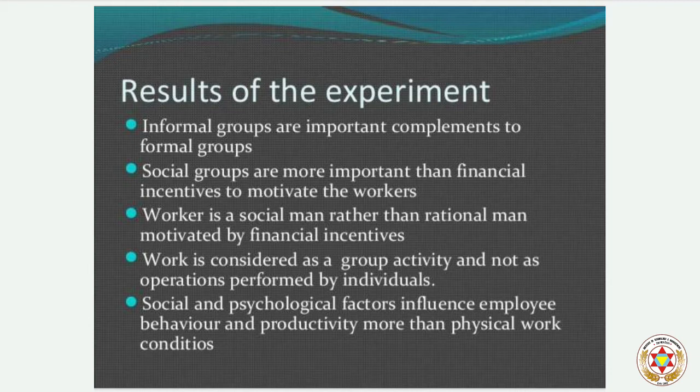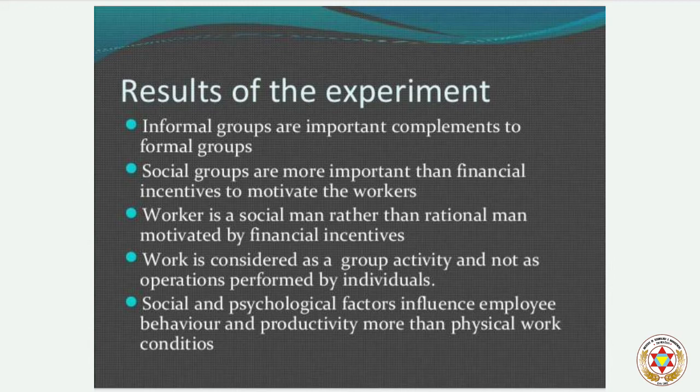In the interviewing program, the informal group process was acquired in the relay assembly phase, and in this phase they wanted to know the basic factor responsible for human behavior at work. So, they interviewed more than 20,000 workers, where direct questions were asked relating to the type of supervision, working conditions, living conditions, and so on.